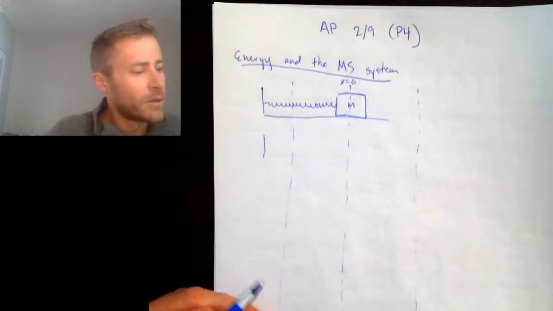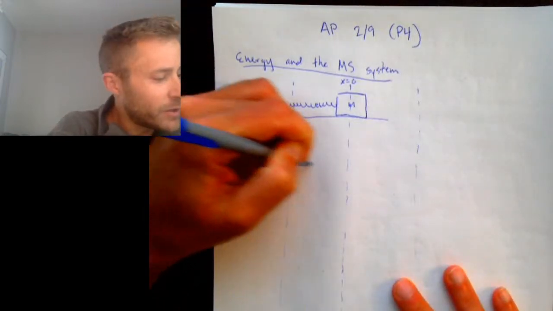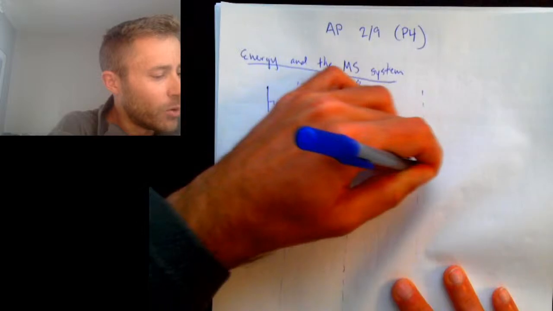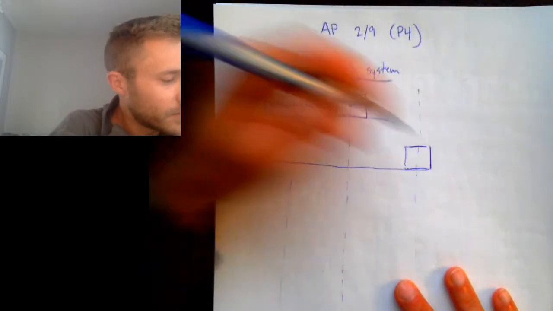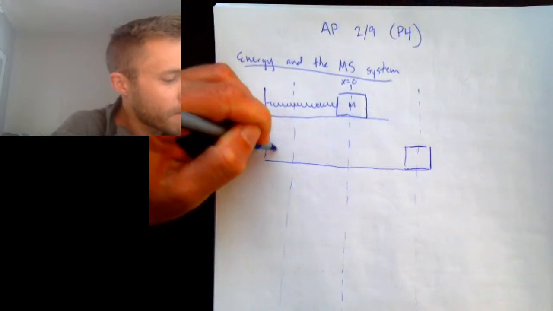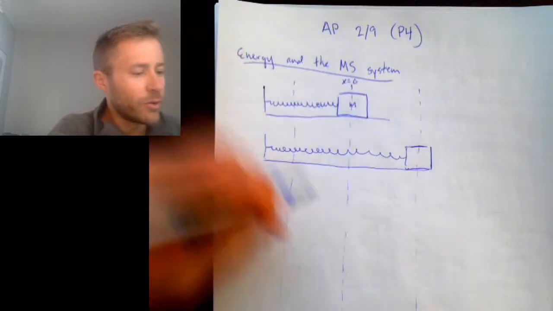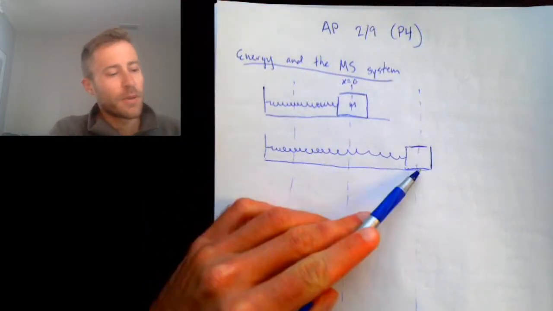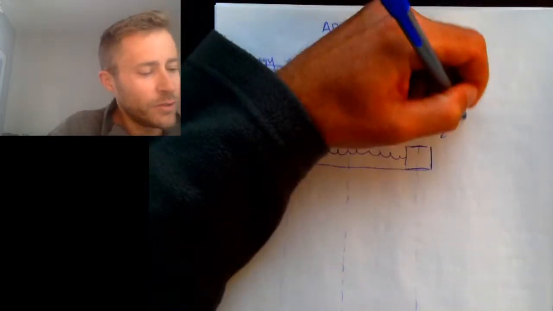So what we're going to do is, let's imagine that the mass is pulled so that now it's out here. It's pulled to this point, and it is released from rest.